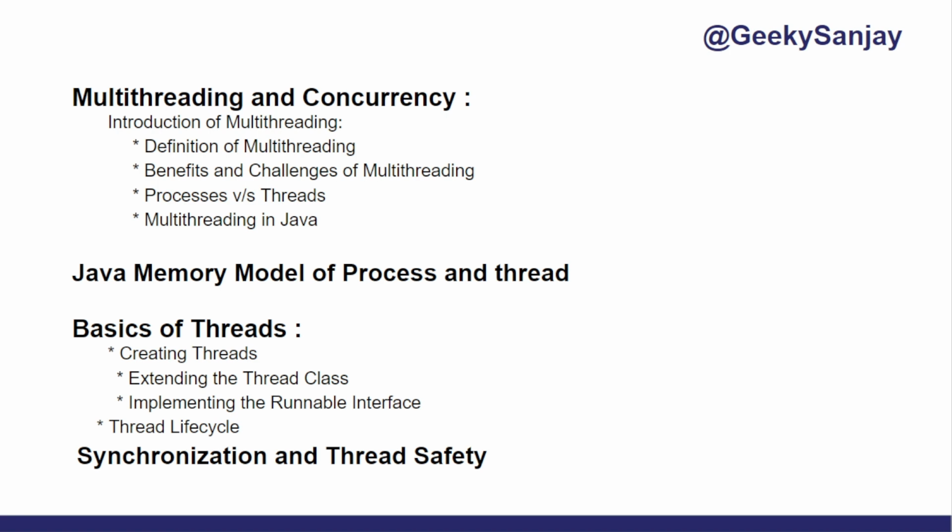The CPU has a CPU scheduler, which takes this data from the thread and assigns it to the CPU registers, and it starts working on this process. Whenever it is somewhere in the middle and you assign another thread, it will stop the first thread, store its data back from the registers, and start working on the next thread. This process is called concurrency. So we will cover concurrency in detail.